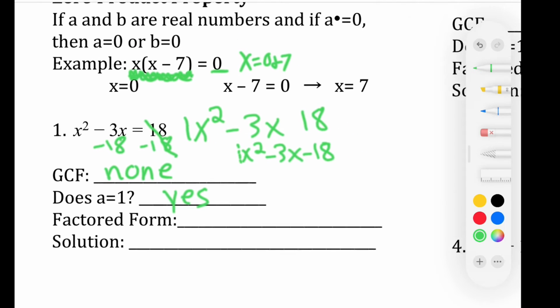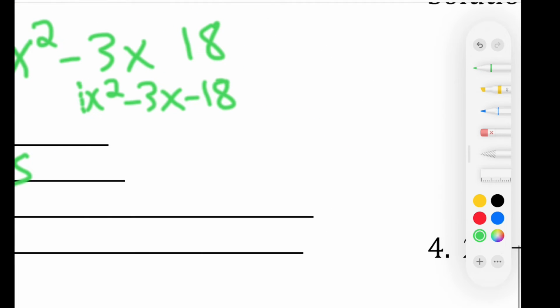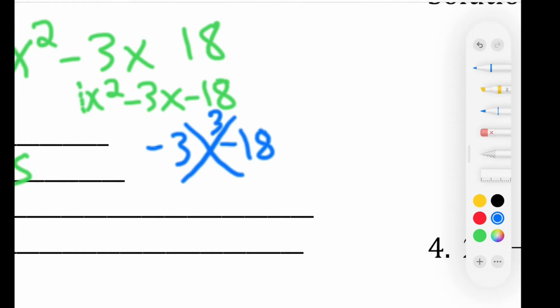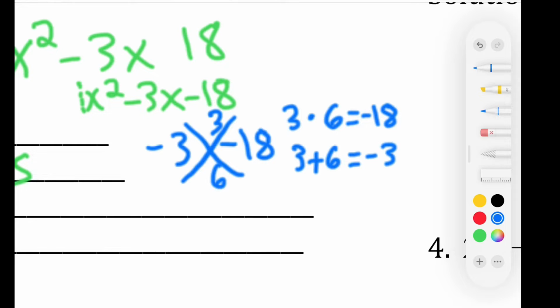So then we're going to use our big X method to factor this expression. In our big X, our B goes off to the left, our C goes off to the right, and we're looking for two numbers that multiply to give us 18, but also add or subtract to give us 3. The answer is 3 and 6. Now 3 times 6 does give us 18, but it does not give us negative 18. 3 plus positive 6 does not give us negative 3, so we have to adjust at least one of them, maybe both.